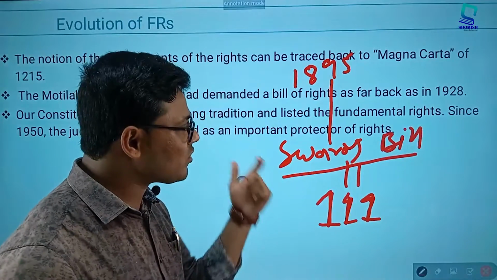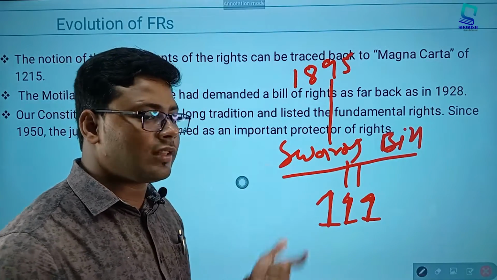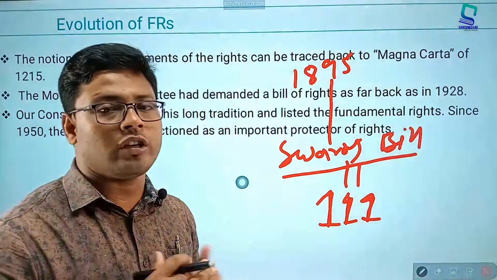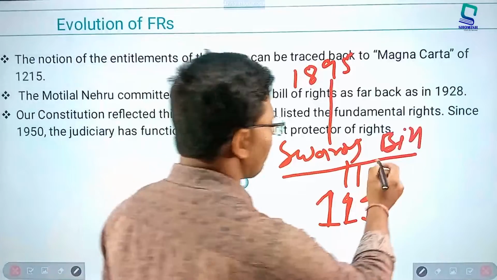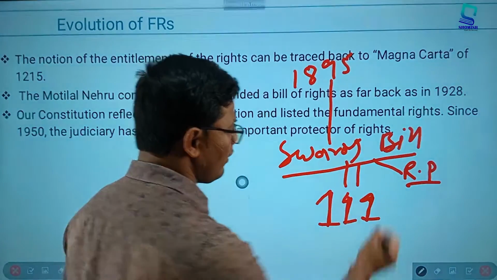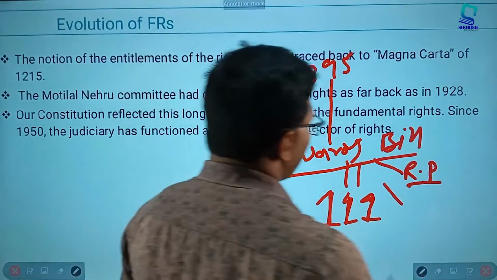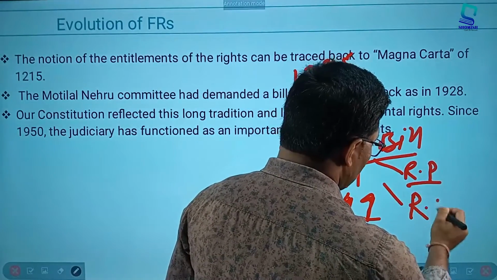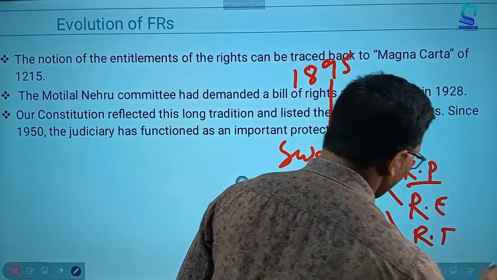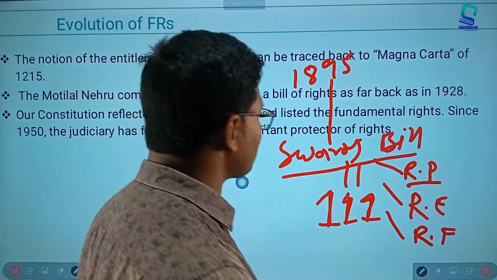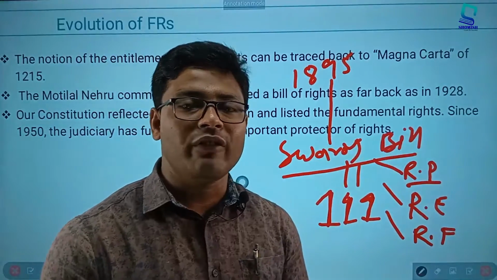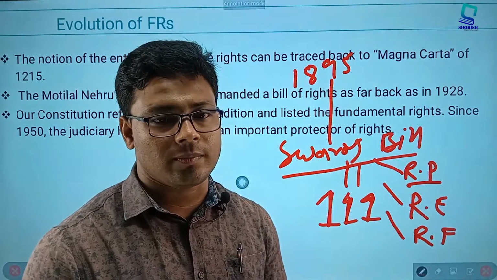The matters enlisted in the Swaraj Bill, which relate to fundamental rights or define the evolution of fundamental rights, were like right to privacy, right to equality, right to freedom. These are the aspects, but the right to universal adult franchise was not mentioned.